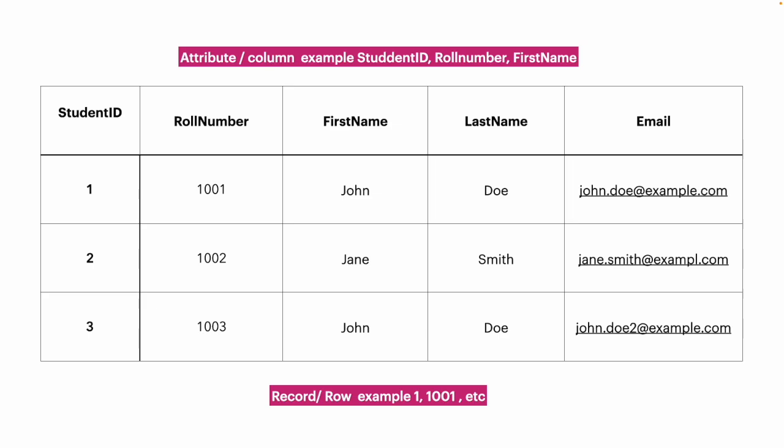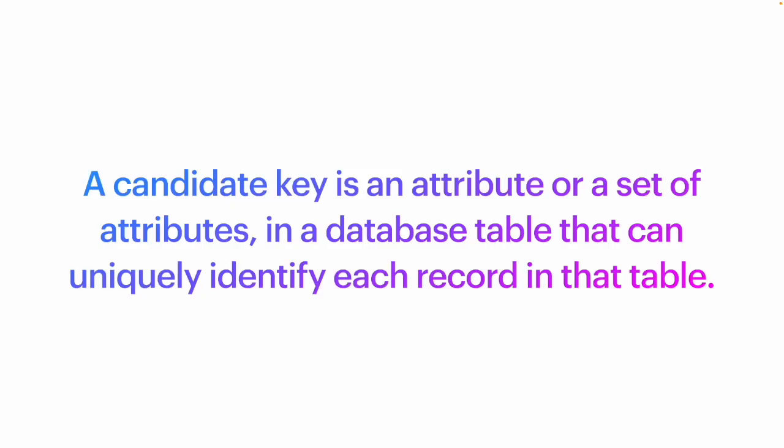What actually is a candidate key, what does the definition say? A candidate key is an attribute or a set of attributes in a database table that can uniquely identify each record in that table. This is a basic definition.